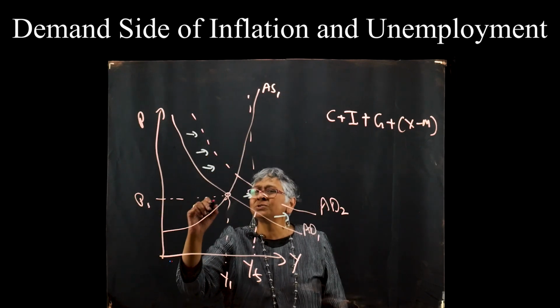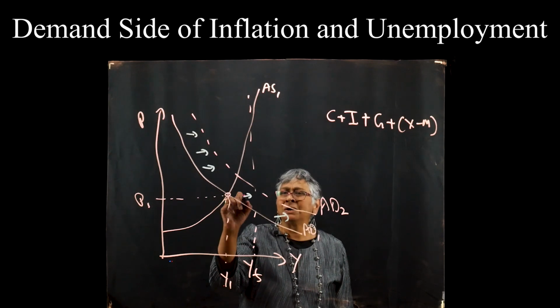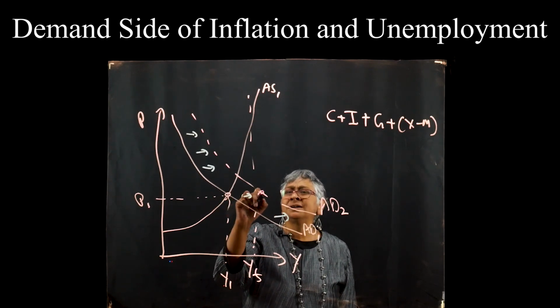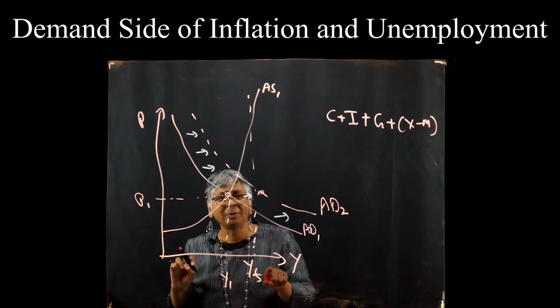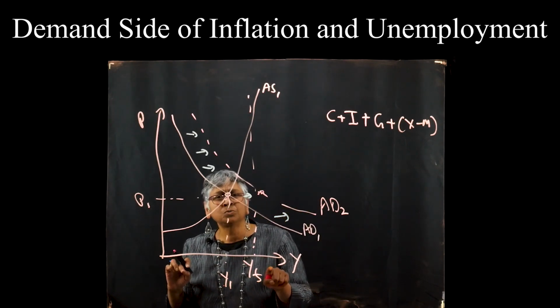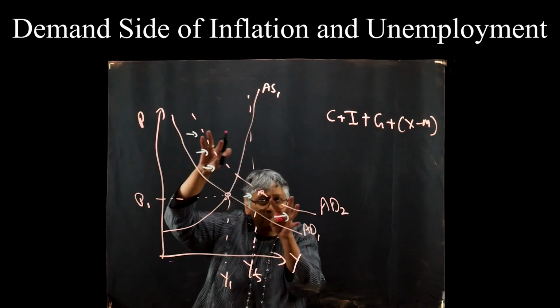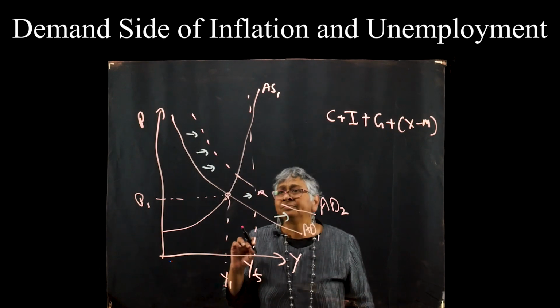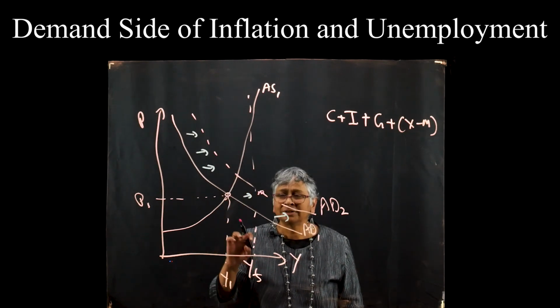So if the price level today was P1, if I was spending Y1, I'm going to try and spend more. And maybe I'm spending more and it's way past YF. It's beyond what I can afford. Maybe it's less. It just depends on the extent of the shift. But what's going to happen is a combination of things.